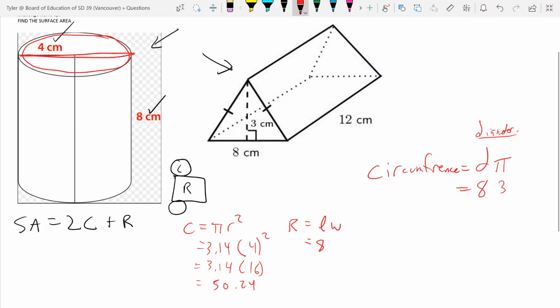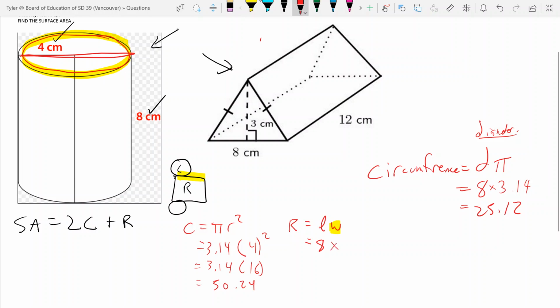So 8 times 3.14. When I put that in the calculator, we get 25.12. That is going to be our width of the rectangle, the distance around the edge of the circle.